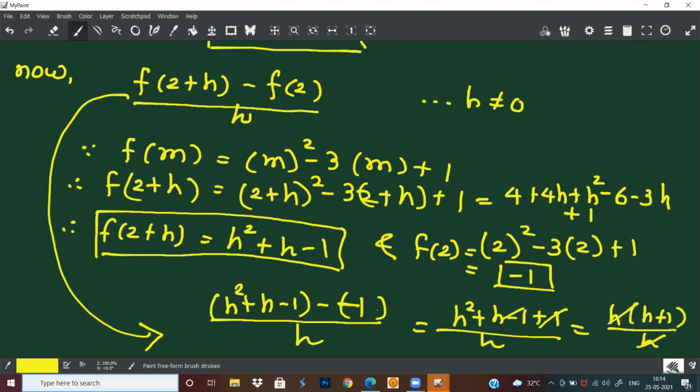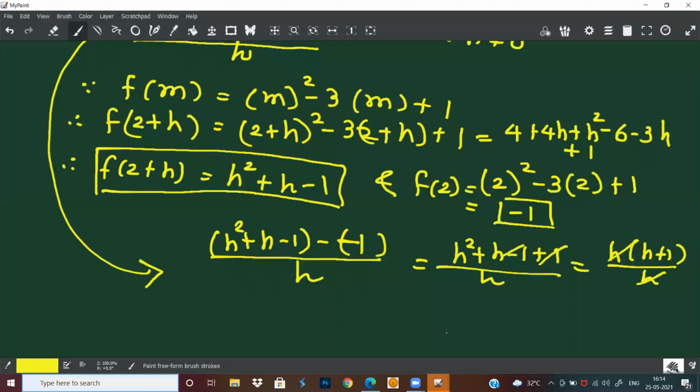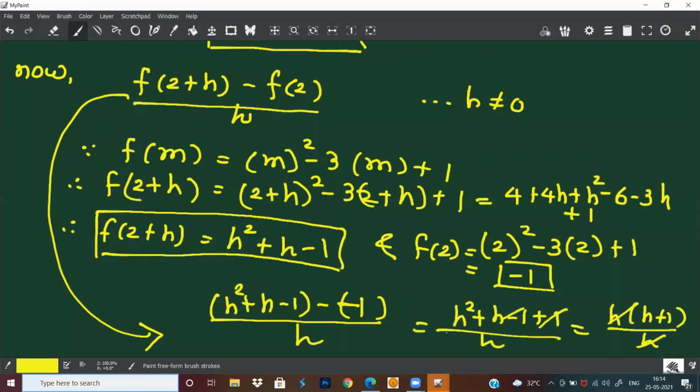So your value is h plus 1. All right. This is called the value of the function. Everybody completed this sum number 1.